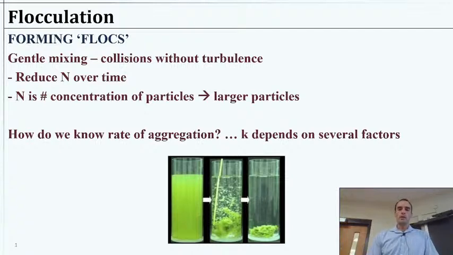So then we're really looking at the K, because in any system, if we have some sort of reaction rate constant, we are assuming that K will depend on how many there are in the system. So it's going to be a first order rate. And it's also going to be reducing the number because they're sticking together, right? So that means it's a first order decay. That's kind of our assumptions there.